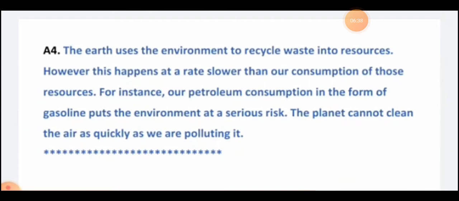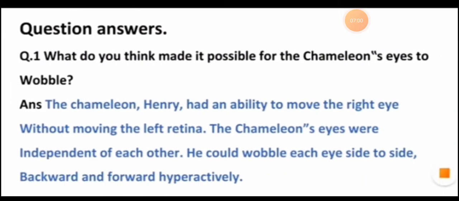Consumption of resources is happening very speedily, but at that speed we cannot recycle and make new products. One example is given. What is the use of gasoline? Consumption of petroleum in the form of gasoline. Yes.